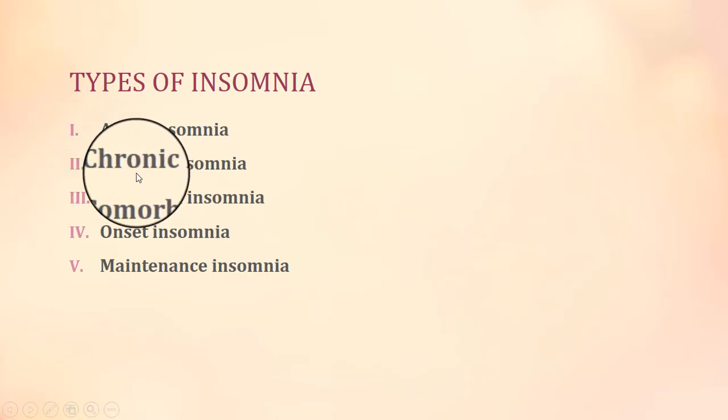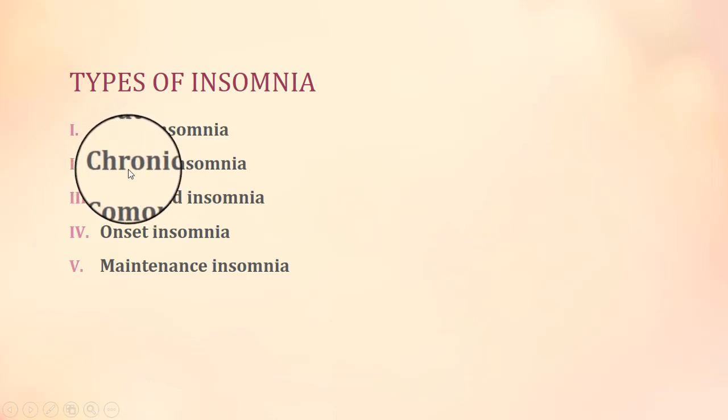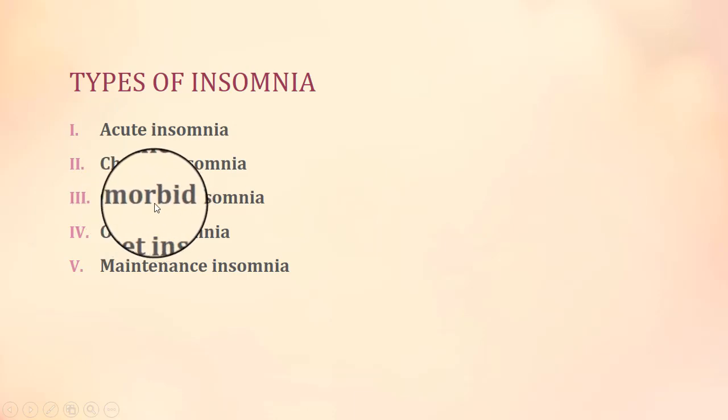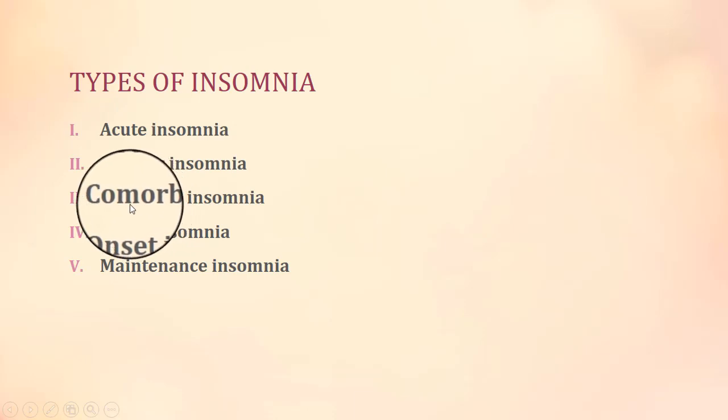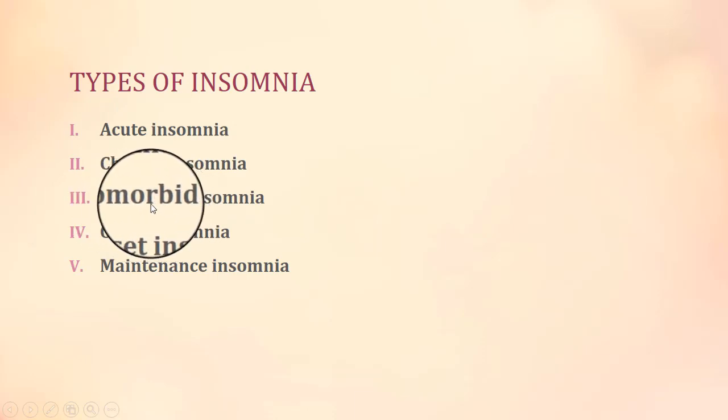Now the third type of insomnia is comorbid insomnia. What does it mean? Insomnia that occurs with other conditions, like psychiatric symptoms such as anxiety and depression. Again, I'm repeating, it's mainly due to anxiety and depression, and these are known to be associated with changes in sleep.